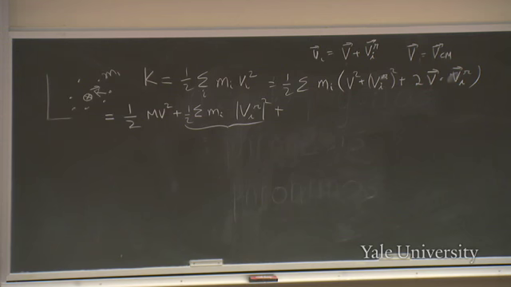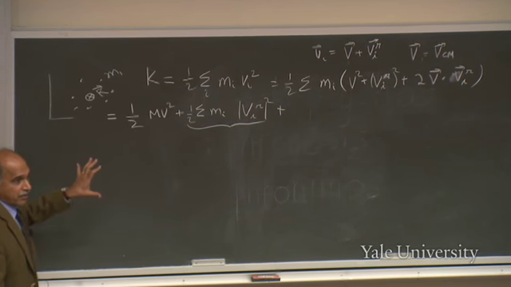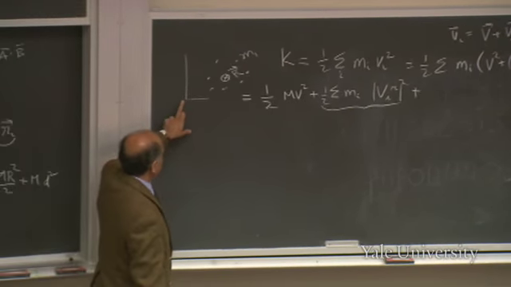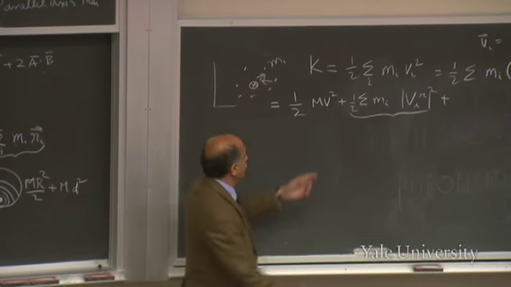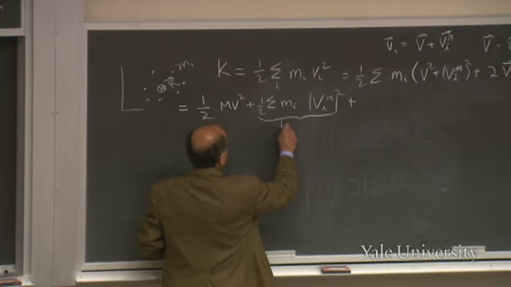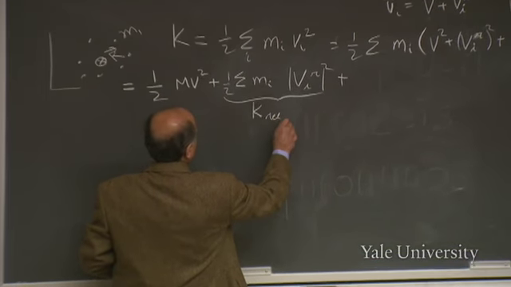The kinetic energy of the objects relative to the center of mass? Yeah, by that it means if you are really traveling with the center of mass and you made a measurement on how fast everybody is moving, this is the energy you will attribute to these particles. It's not the kinetic energy as seen by somebody on the ground who is static, but by somebody riding with the center of mass. So this is the kinetic energy relative to center of mass.